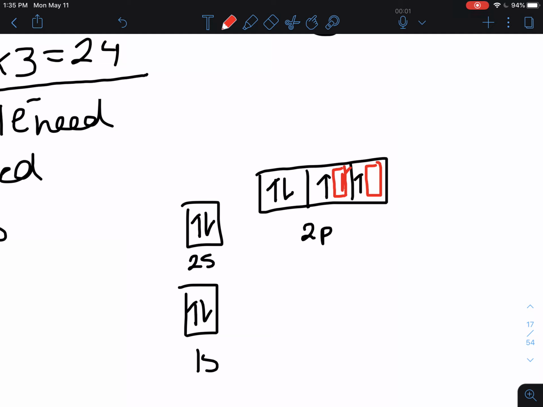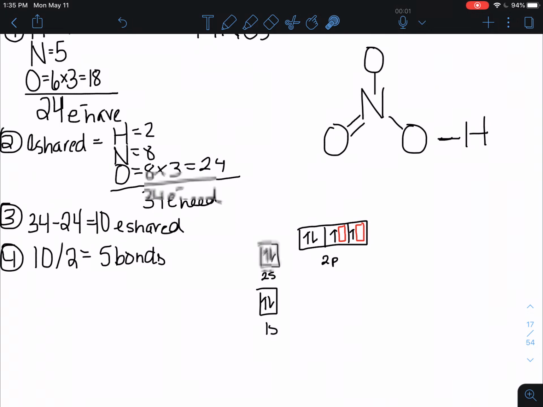When it participates in covalent bonding, it's like, okay, I only want 2 more electrons and that's it, because that's all I have room for. So oxygen generally likes to be bound to only 2 things.